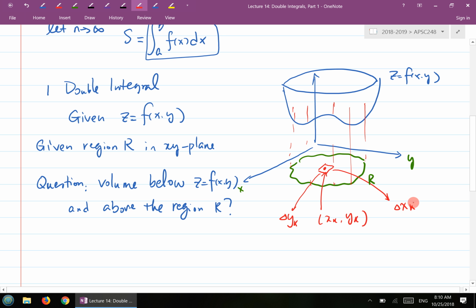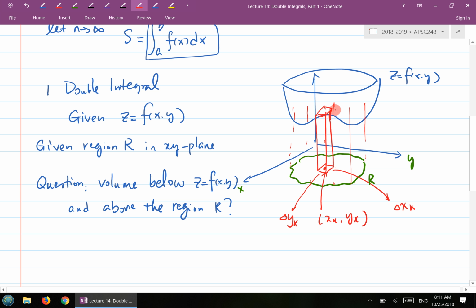Now I'm going to extend this rectangle upwards until it meets the top surface f of x, y. So let's move this rectangle up. It doesn't have to be very accurate, as long as you understand the idea.